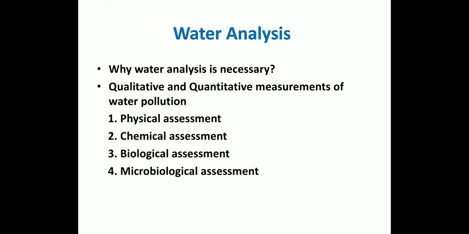In that we have mainly 4 parameters: physical assessment, second is chemical assessment, third is biological assessment, and fourth is microbiological assessment. So this way we can measure water pollution in 2 ways, qualitatively and quantitatively.